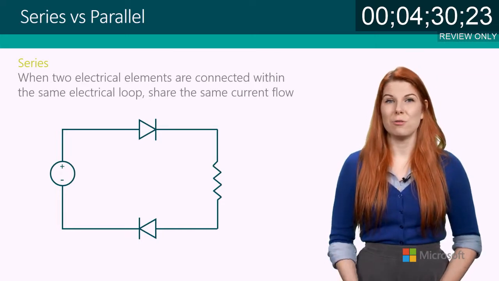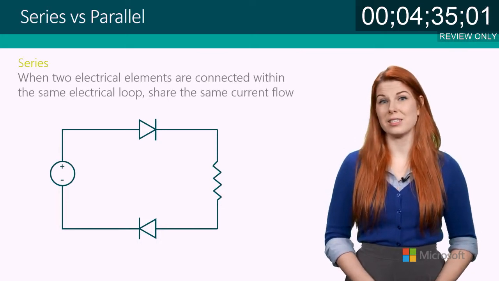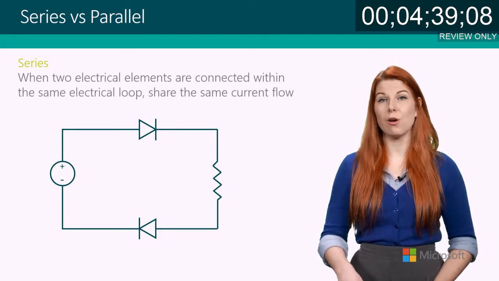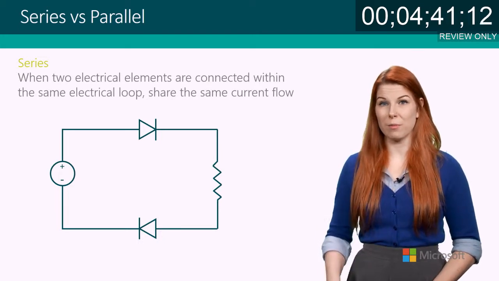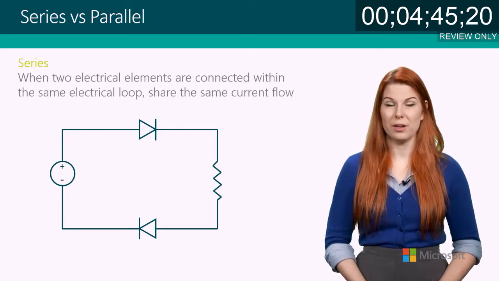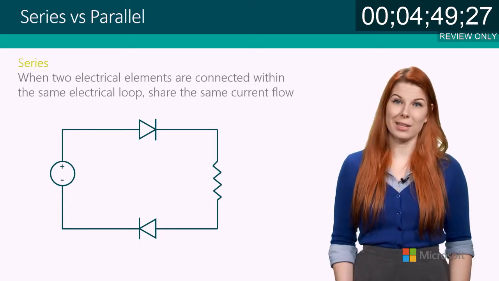In this entire loop, all of these items are going to share the same current, meaning electrons are going to be moving at the same rate throughout all of these. However, the voltage is going to slowly drop as we get further away from the battery, and then it'll pick back up once we cross the battery and supply more voltage to it. So when you connect items in series, they share the same current, but not the same voltage.